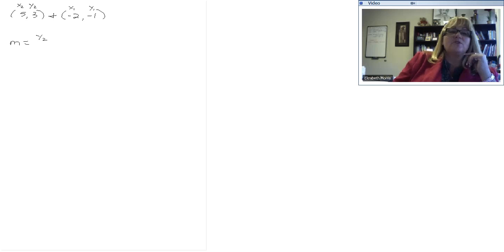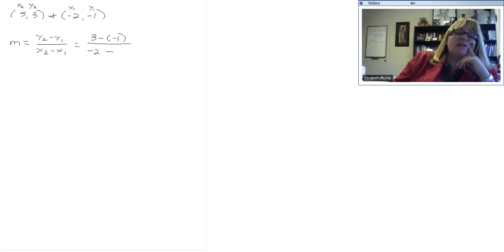Slope is the change in y over the change in x. We're going to fill them out. y2 minus y1 over x2 minus x1. Oh, I just used the same numbers. That wasn't smart. Well, that's all right. I switched them. Okay. So this gives you 4, and this gives you negative 7.